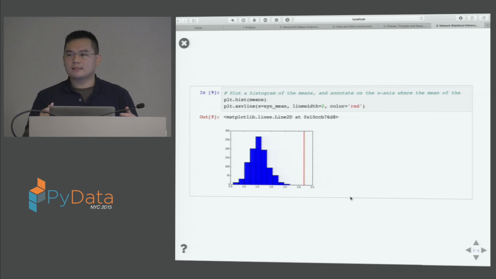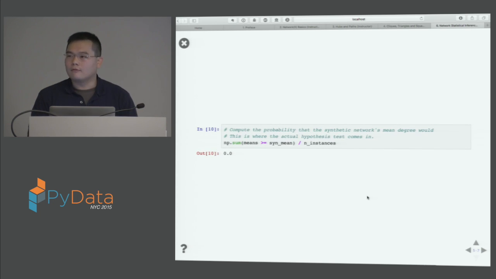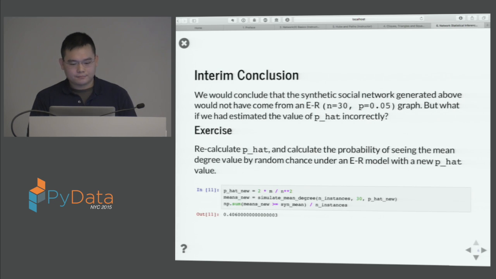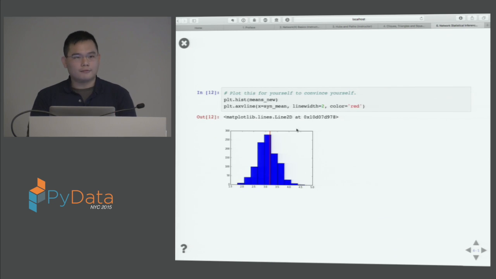So if you did the hypothesis test, the probability of seeing this would be very, very low. However, if you want to do model fitting, you might tweak the parameter p hat, and you might say, let's recalculate it based on some new formula, and then if you draw it, it's out over there. All right?